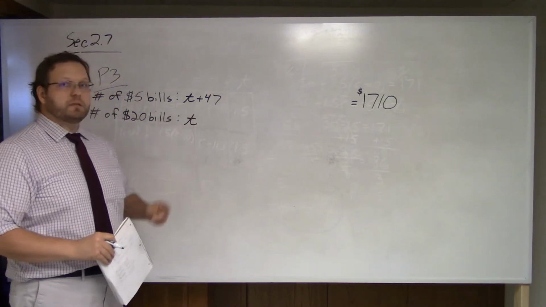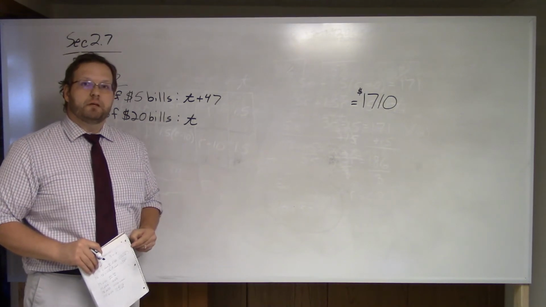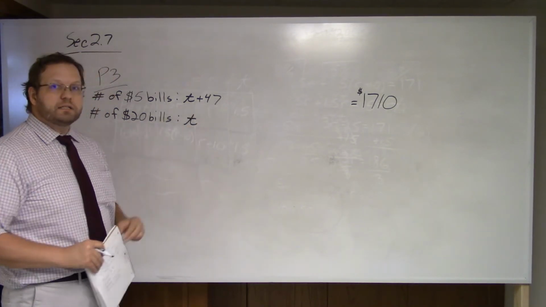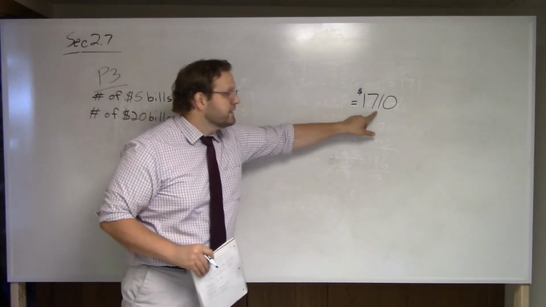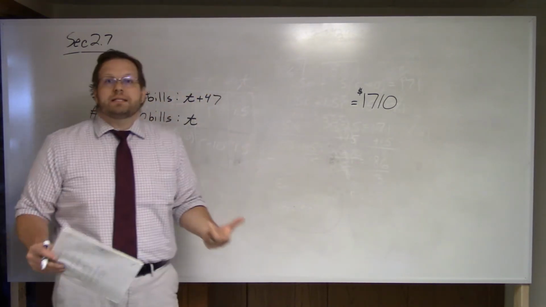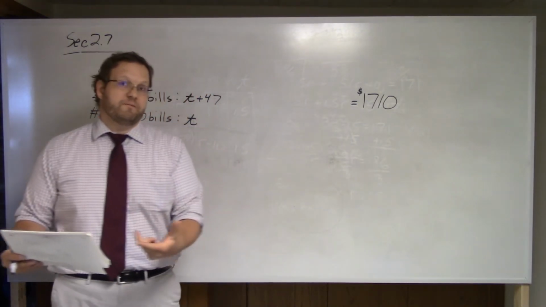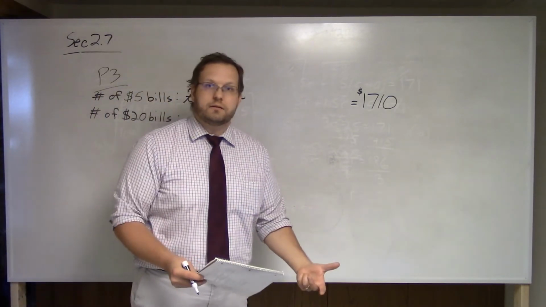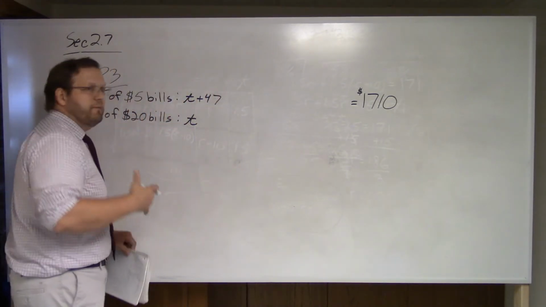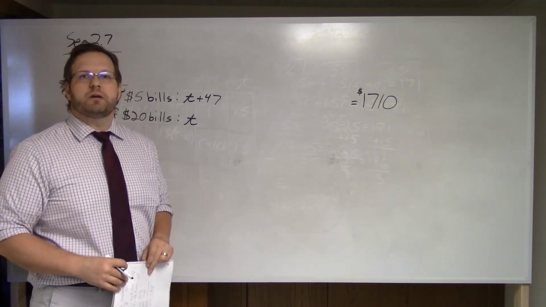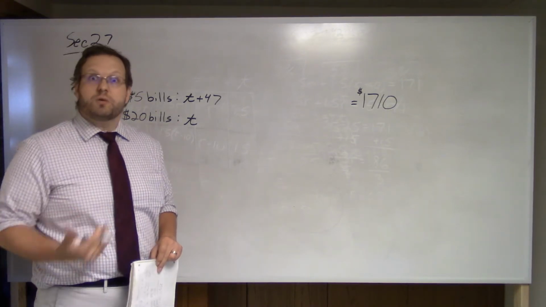These are the pieces of the puzzle that we need to now put together. So this represents the quantities of each. This is a total value. Now where's that total value coming from? It's coming from a value of 5s and a value of 20s. The 5s, if I have 3 $5 bills, how much do I have? I have 15 because 3 times 5.